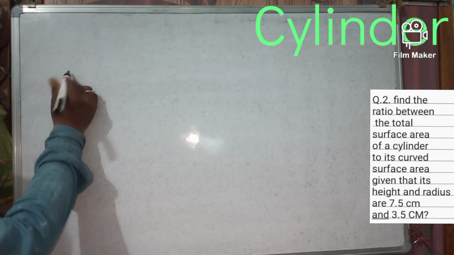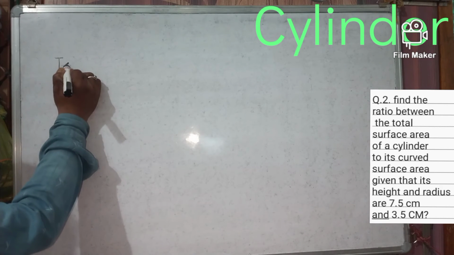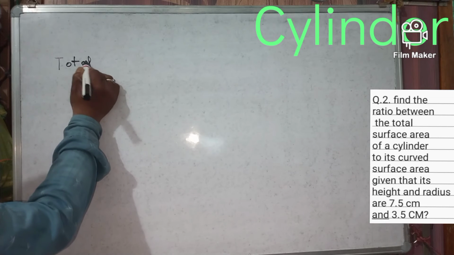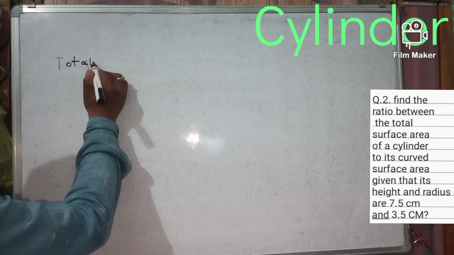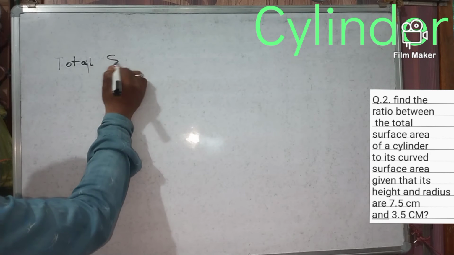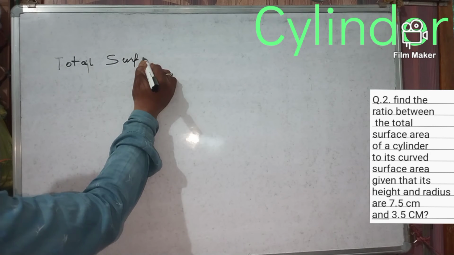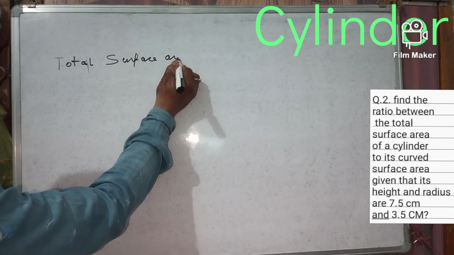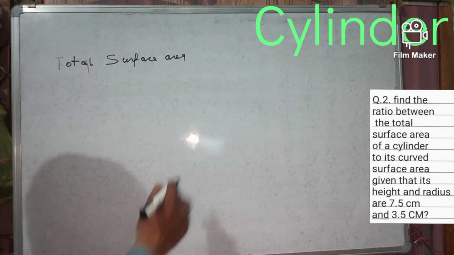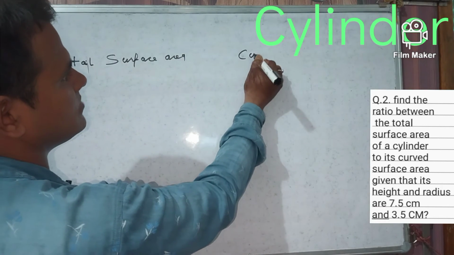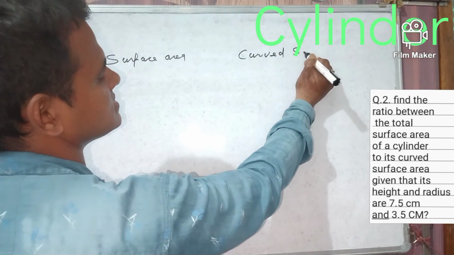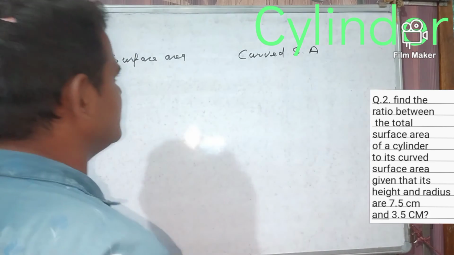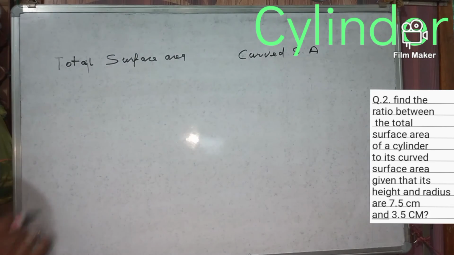Now see here, this is total surface area, and here curved surface area.